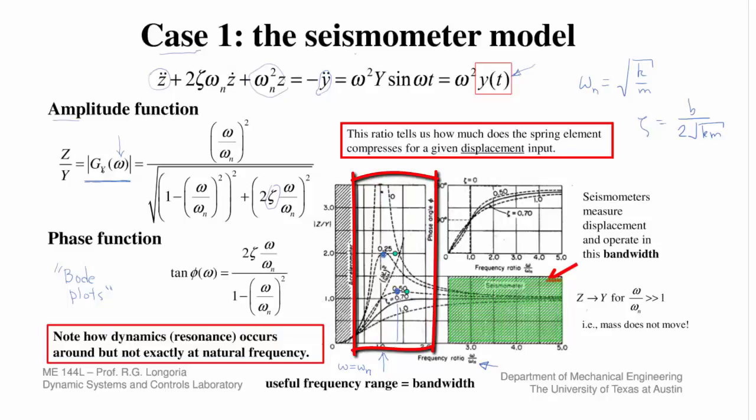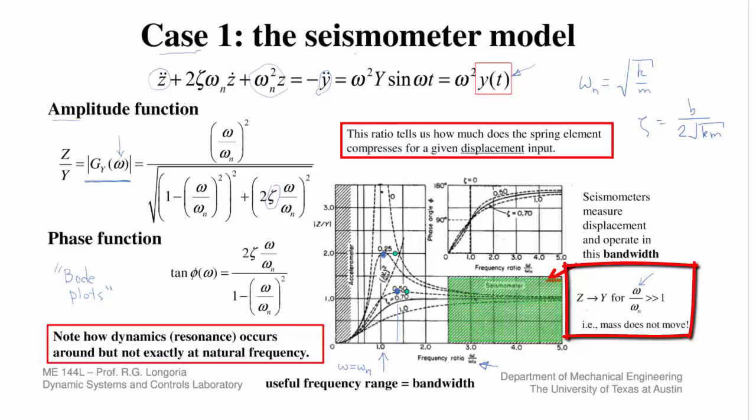I'm plotting this case because this is the ratio of the deflection of that sensor element, the spring, to the deflection of the ground. And I want to emphasize that this function is for a seismometer, which is a displacement input. And note that as the frequency gets very large compared to 1, you start getting this flat line out here.